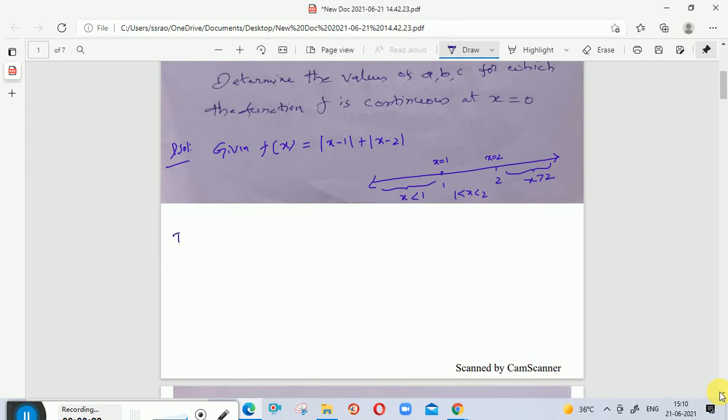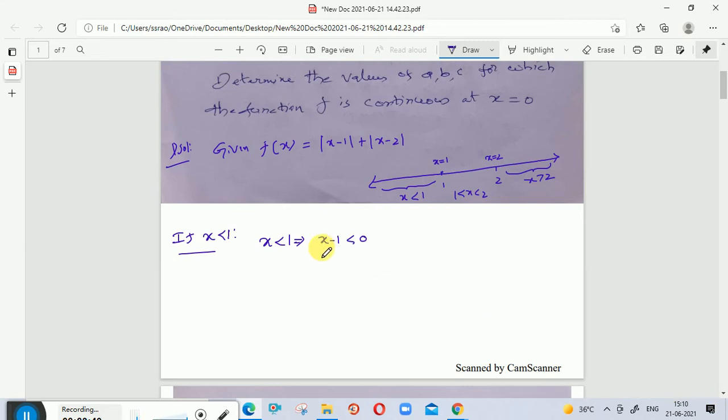If x is less than 1, so x is less than 1 implies x minus 1 is less than 0.